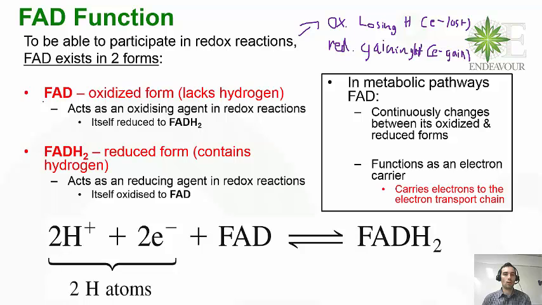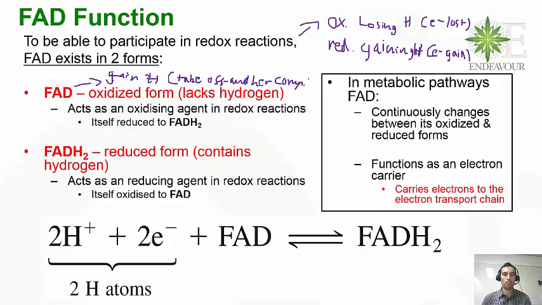If it's in the oxidized form, it will actually be reduced. So if it's in the FAD form, it will gain hydrogen. And by gaining hydrogen, it's going to take the hydrogen off another component.